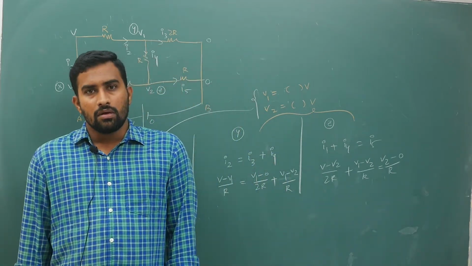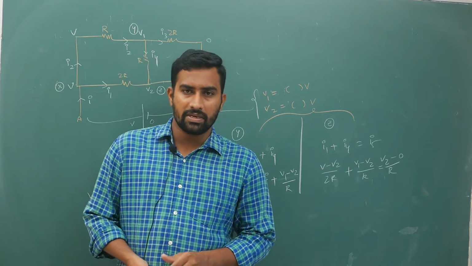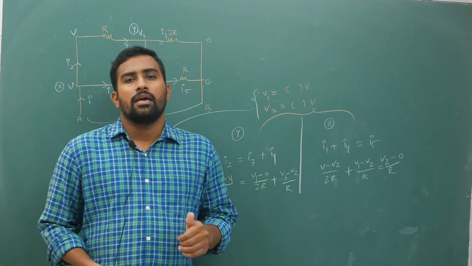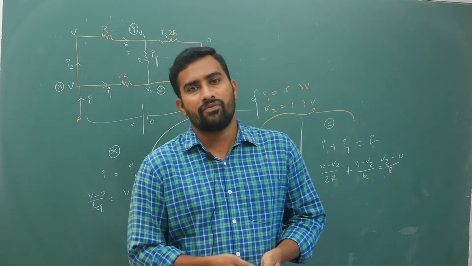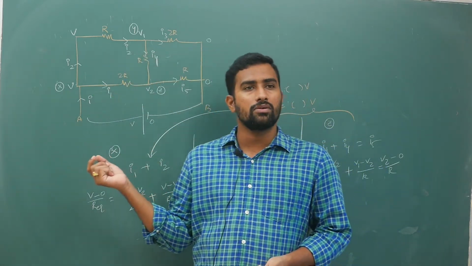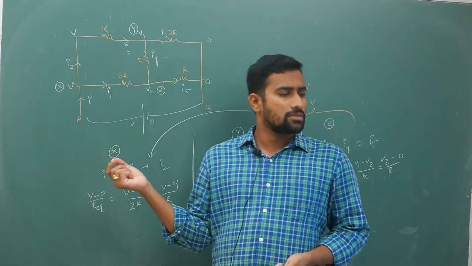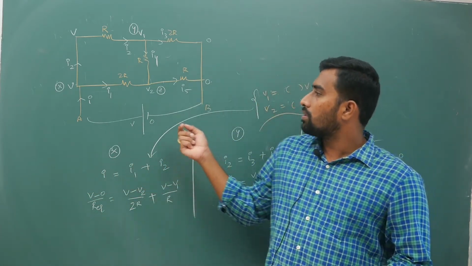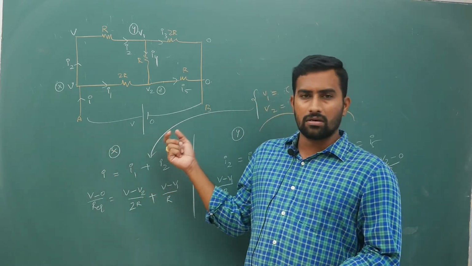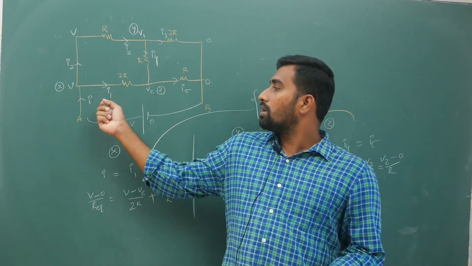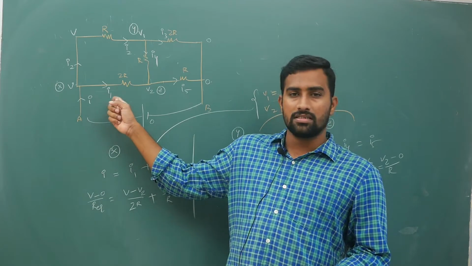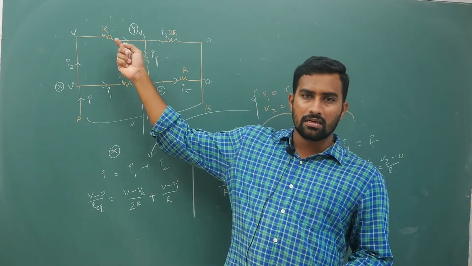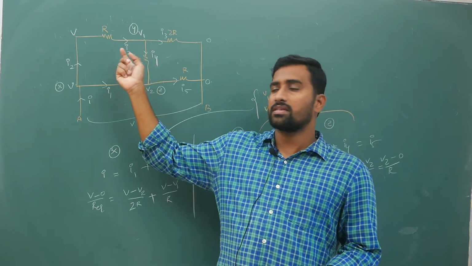Now for node analysis in capacitors also we will be doing the same thing, except that instead of current, you are going to have charges. So you are going to write total charge Q is equal to Q1 plus Q2, and whatever charge is here, Q3 is equal to Q4 plus Q5, something like that.